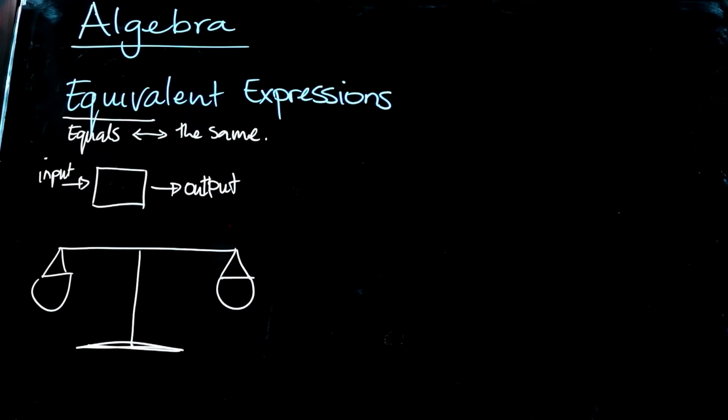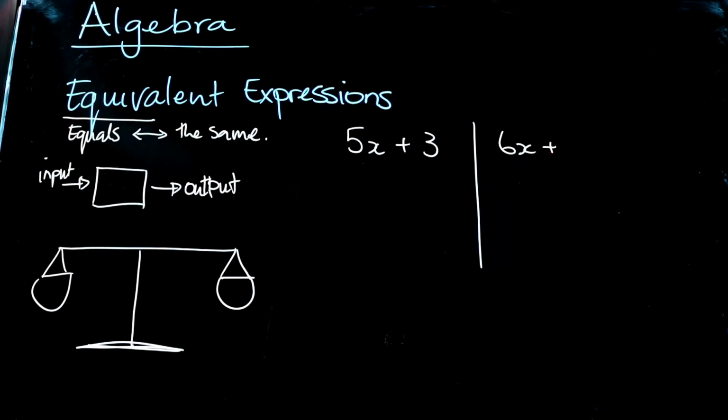There's a couple of ways to check this sort of work out, and one way is to do this. You compare two expressions, really simple stuff. 5x plus 3, is that the same as 6x plus 3?